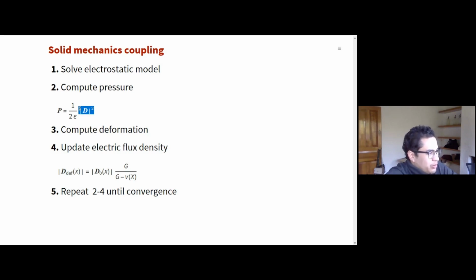After computing the pressure with this electric flux density, we compute the deformation using the solid mechanics workflow, and then we update the electric flux density with this new deformation that we achieve. And then we repeat steps from 2 to 4 until we get to a convergence that is going to be the maximal deformation and displacement that we are going to see in our model.